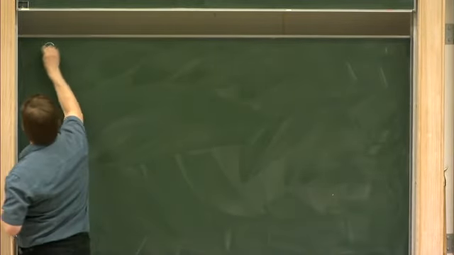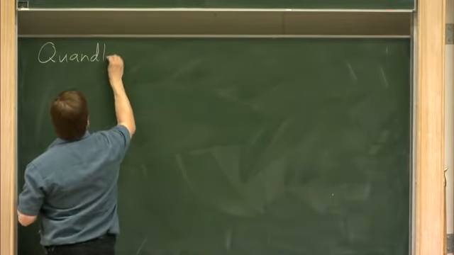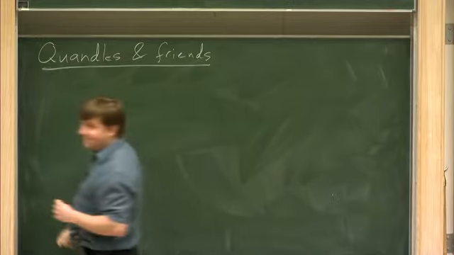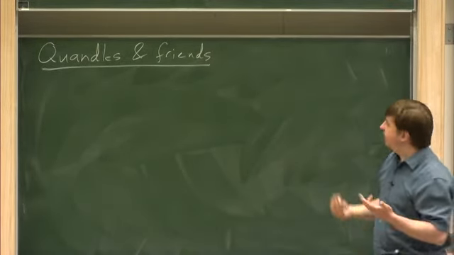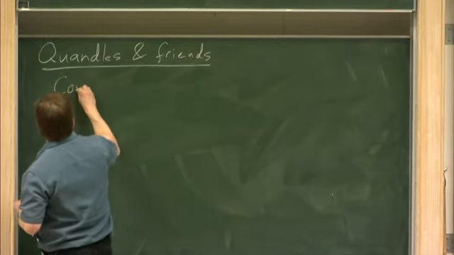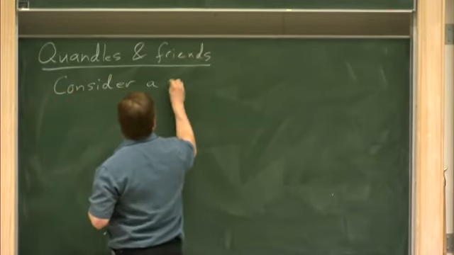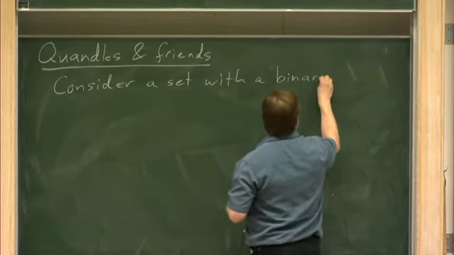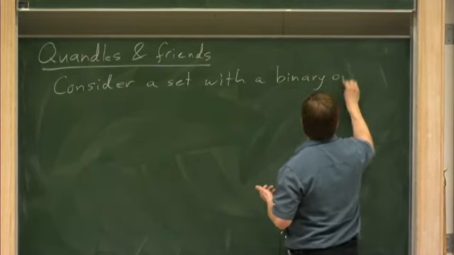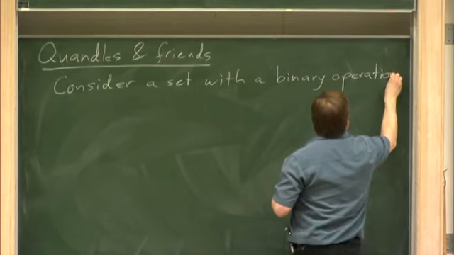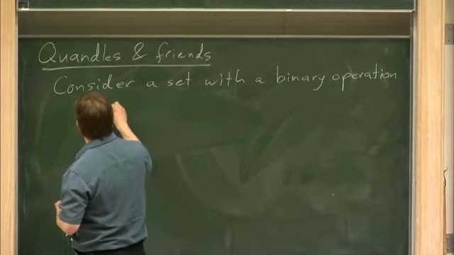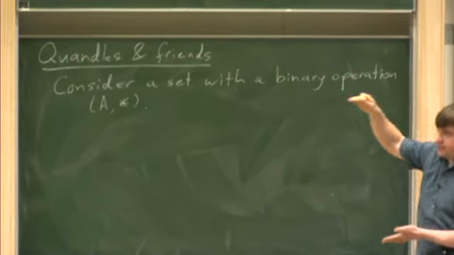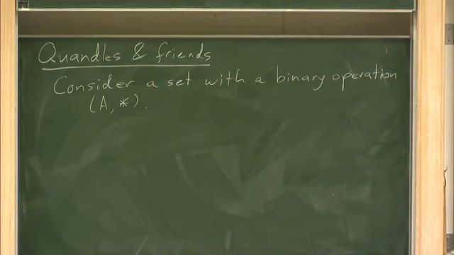So we're going to be considering a set with a binary operation, A star B. I'm going to give you a series of structures, each refining the previous one.